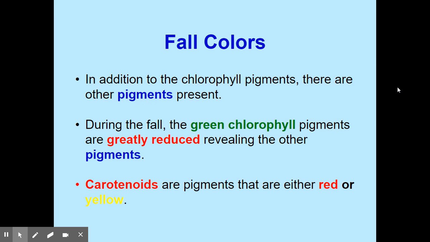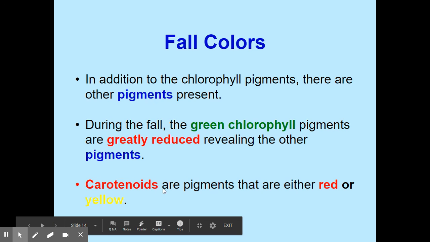Okay. There are things called carotenoids, which are also produced by leaves, and those pigments are either red or yellow. This is a word I expect you to know. Carotenoids, as well as chlorophyll.